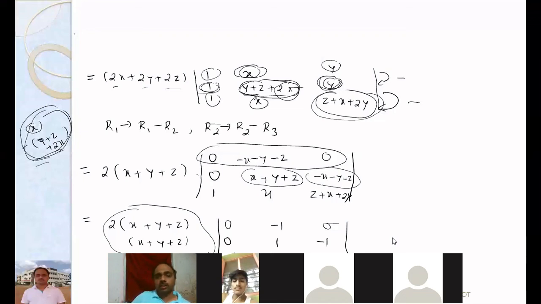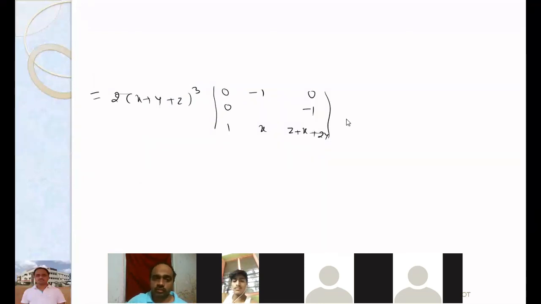Take 2 into x plus y plus z whole cube. Correct? Yes. Okay, I will now show the answer. It will be like this. Correct?